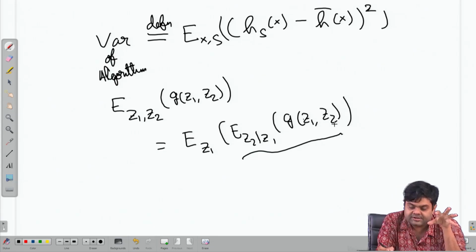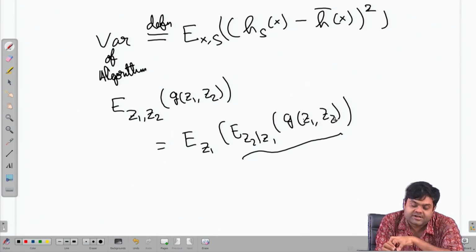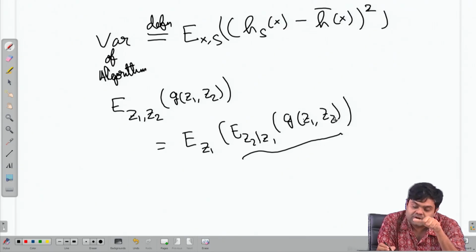Because z1 is fixed, this becomes a function of z2. So you take the expectation with respect to that conditional distribution of z2, and then you get a value for every fixed z1.